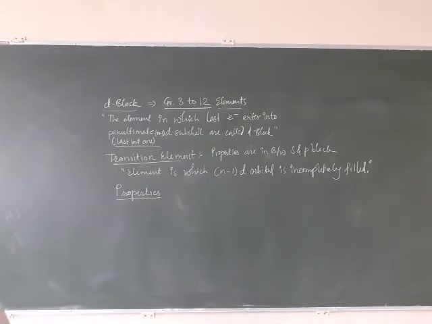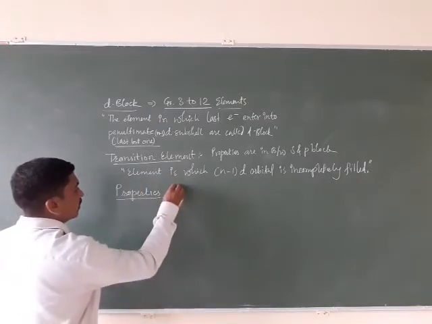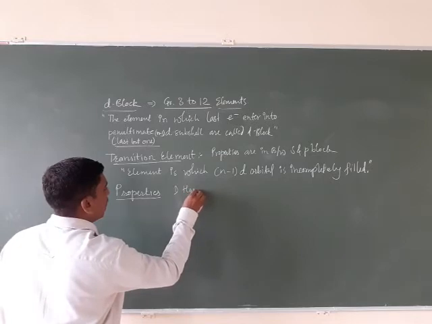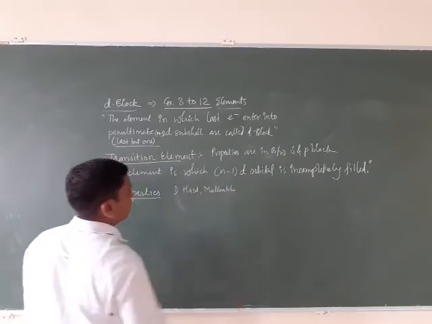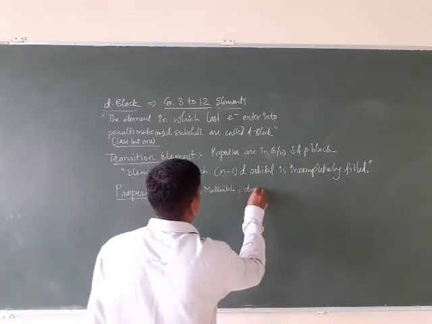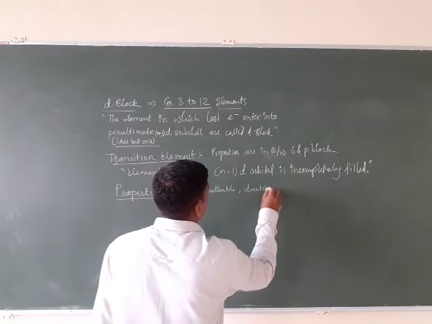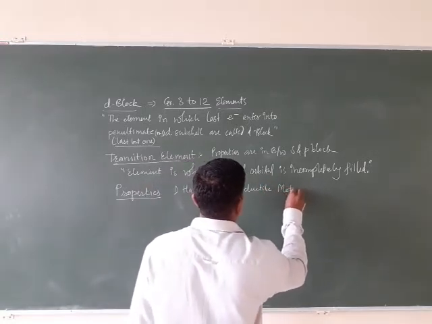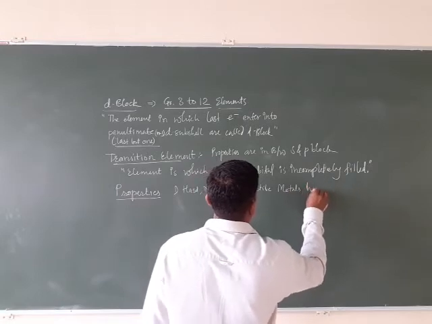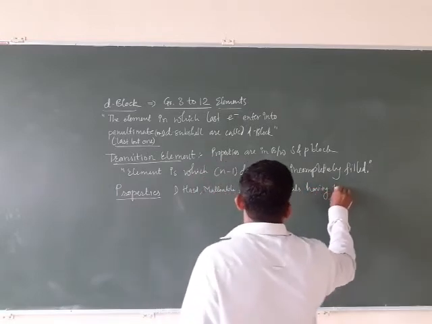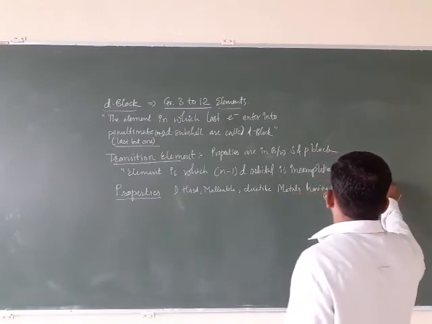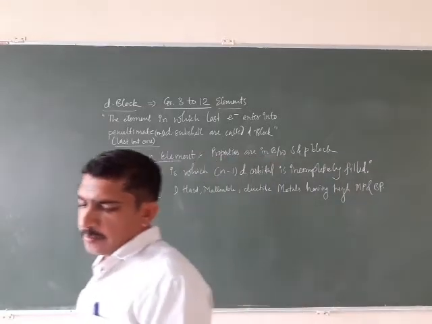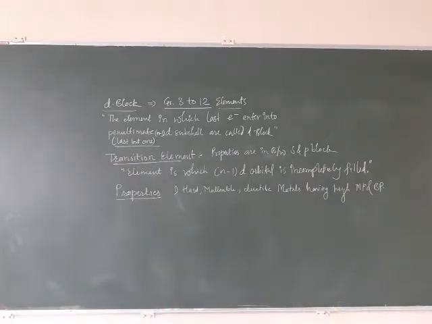They are all metals, and they are hard, malleable, ductile metals having high melting point and boiling point. They have very high melting and boiling points because they are hard in nature.